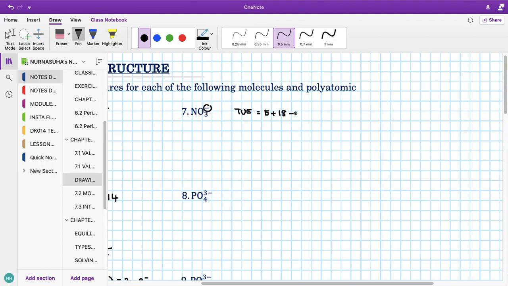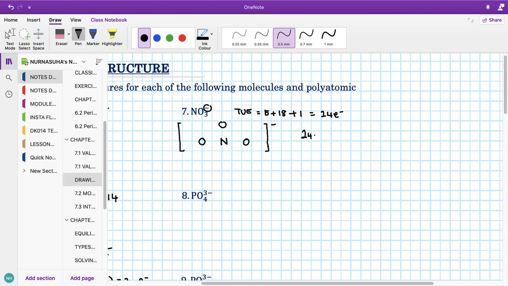So you have to add 1. So total is 24 electron. So and then you have oxygen surrounding the nitrogen. Okay. Draw the bracket. Siap-siap. Sebab kebanyakannya student selalu lupa bracket ni. And the negative charge.